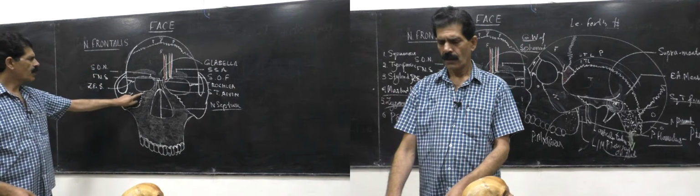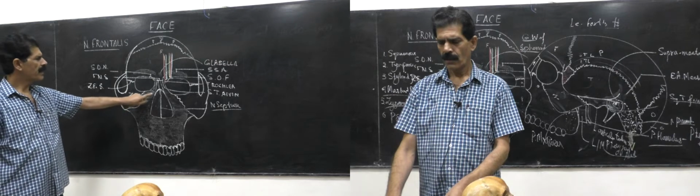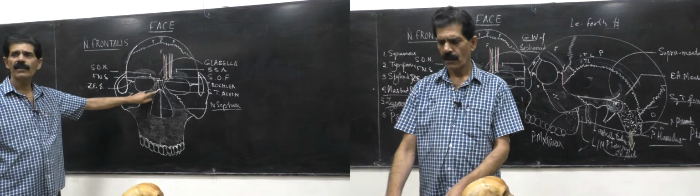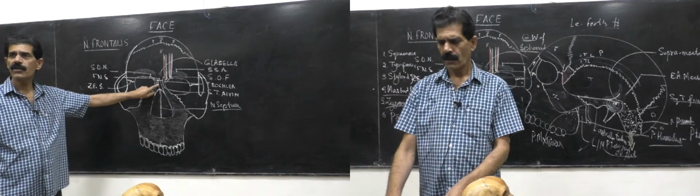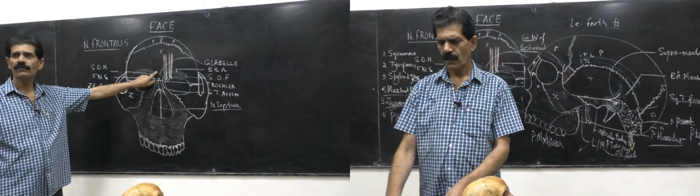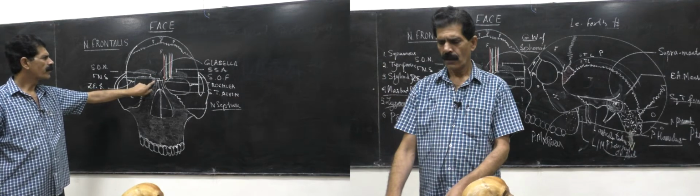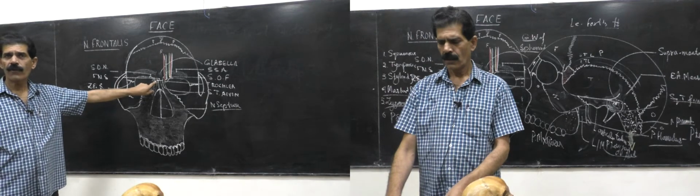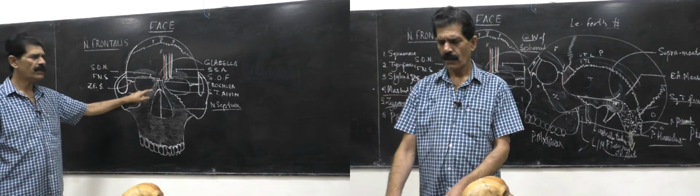This is the zygomaticomaxillary suture. Then the maxilla also articulates with the lateral part of the nasal bone, called the nasomaxillary suture. Then the maxilla is also attached with the frontal bone; it is called the frontomaxillary suture. So these are the joints: the maxilla forms joints with the frontal bone, zygomatic bone and nasal bone.